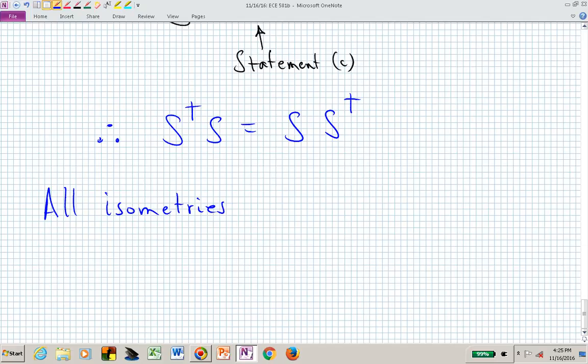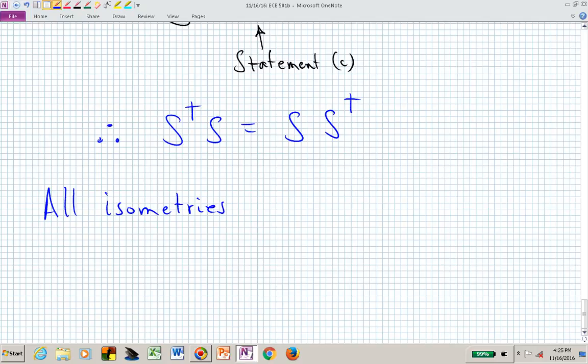So now in terms of a definition, what definition does this tell us is true about S? Or what are we doing here on the left side versus the right side? So now we have S dagger S, or if you think about it in matrices, just call them something different. You say AB is equal to BA, which means they commute.